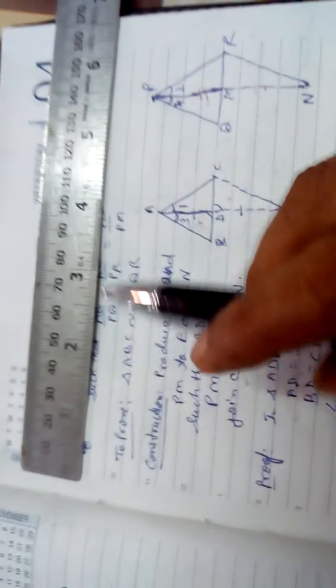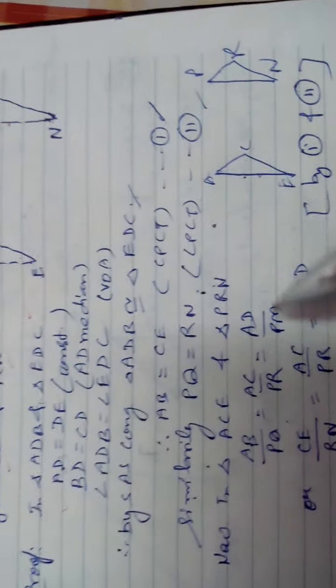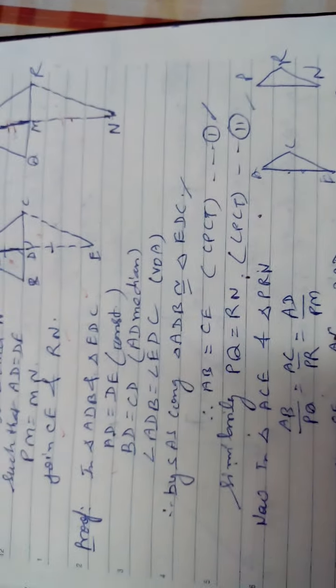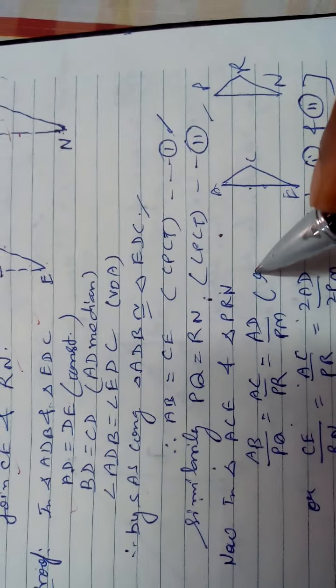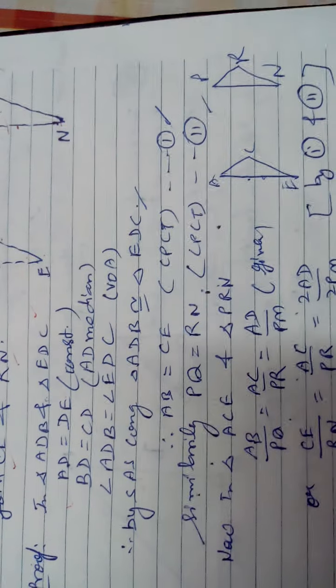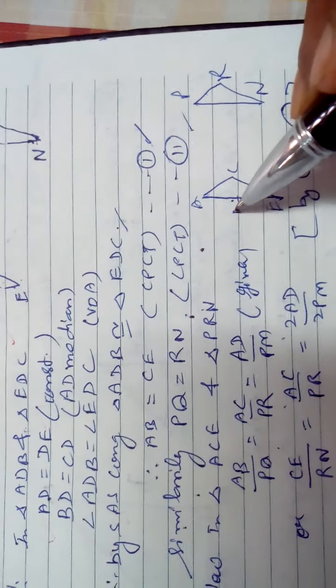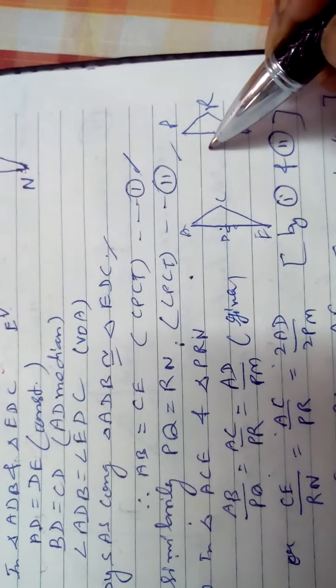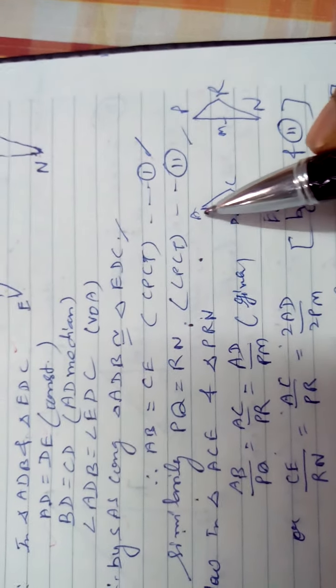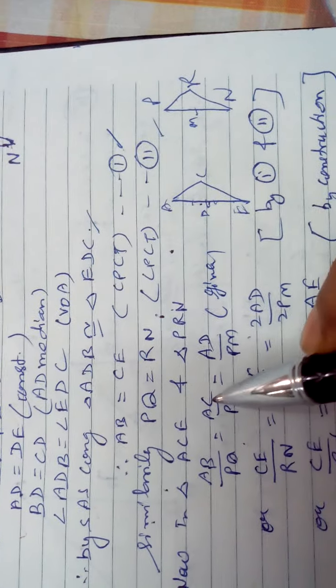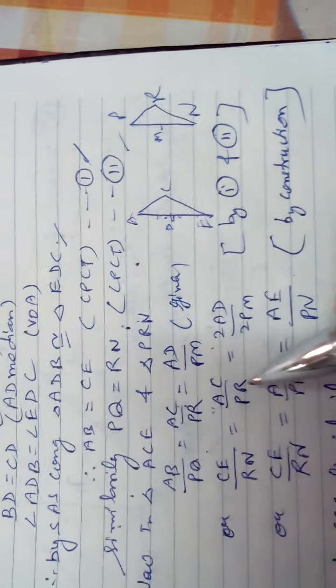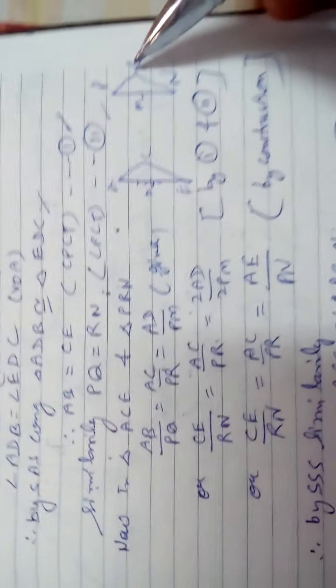All the three have the same ratio. You write the same thing: AB by PQ, BC upon QR, AC upon PR and AD upon PM, it is given. Here is D and here is M. It is given AD, but AE is twice AD. So twice, if you write AC and PR, you have written as it is a side of this triangle.